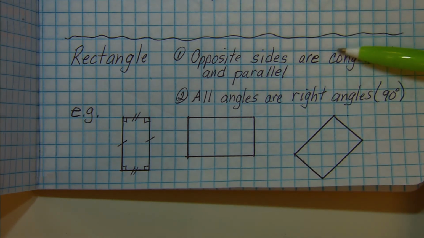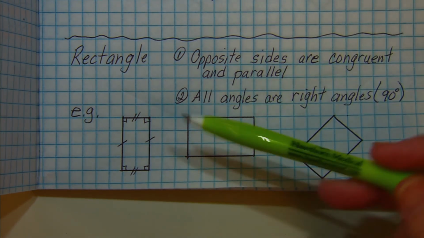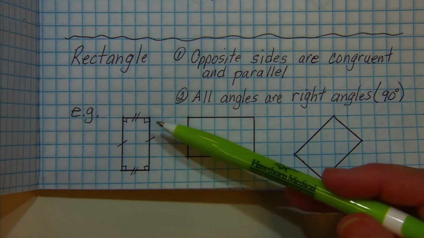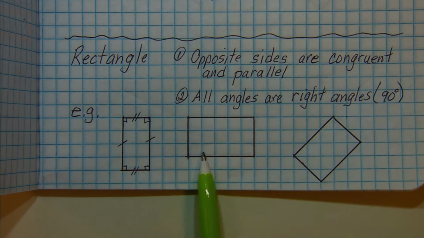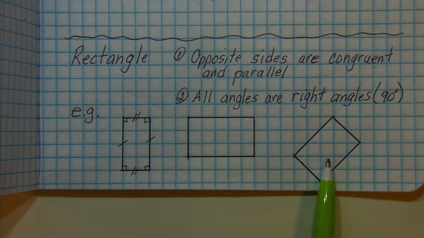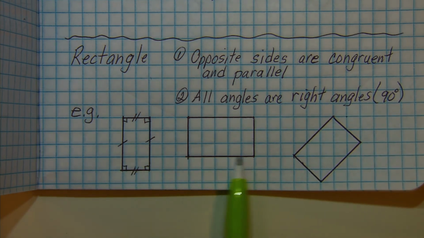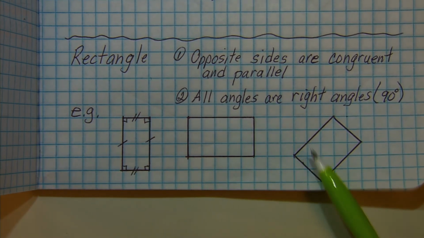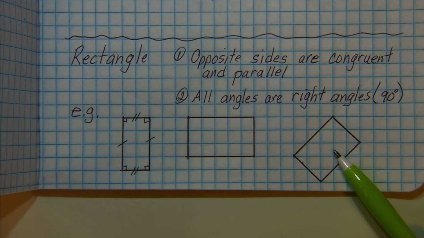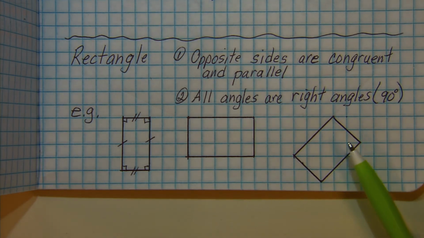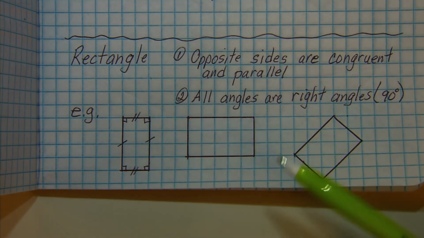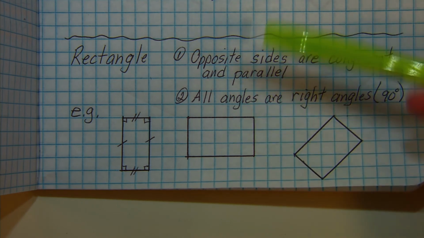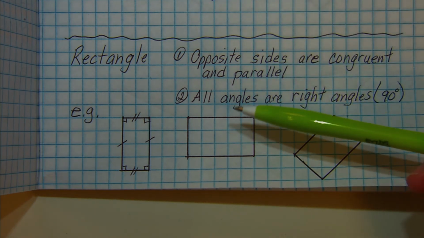The opposite sides are congruent and parallel. The opposite angles are congruent because they're all 90 degrees. And this is what a rectangle might look like. Don't get caught up by thinking they all sit on their base. Some of them can be angled just to make you think harder. That's a rectangle. So as you can see, a rectangle does follow parallelogram rules.